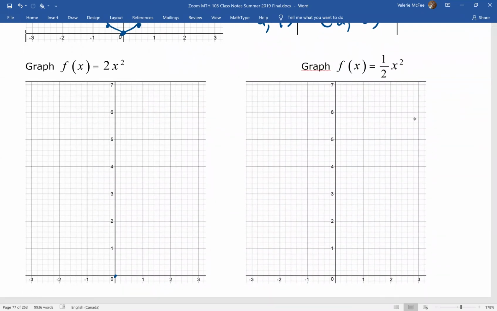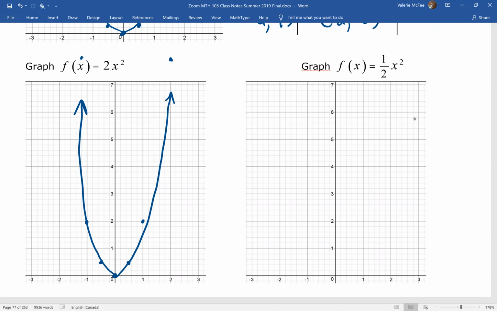We had points at (0, 0), (1/2, 1/2), (1, 2), (2, 8). And using the symmetry of this function, we can graph our parabola.